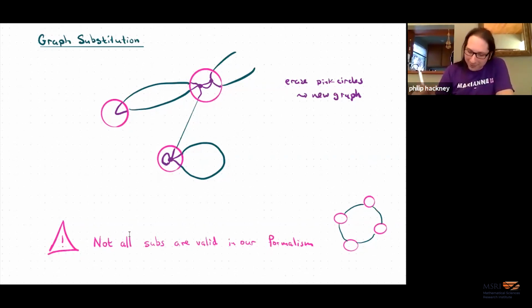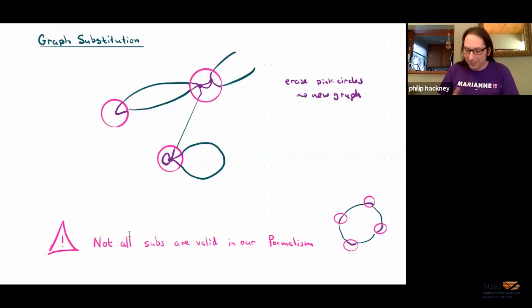And this warning down here is really talking about that not all such graph substitutions are valid in the formalism we've written down, because if I took this and tried to stick in just this edge into each of those, I'd end up with a circle, and that's sort of a problem for us right now.